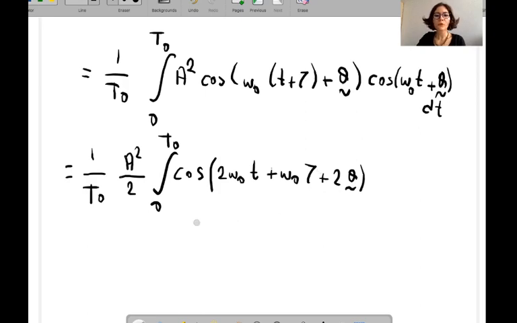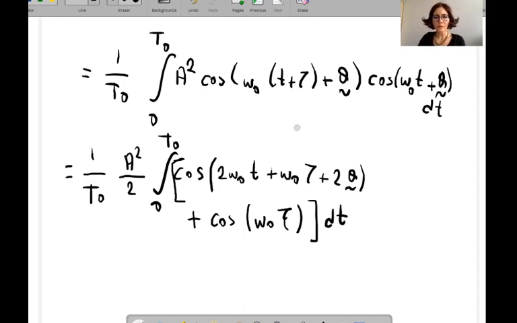So this was cosine of A plus B. Now we add cosine of A minus B. You have this term, you're subtracting this term. So omega 0 t will cancel with minus omega 0 t, and theta will cancel with theta. The only thing you have will be omega 0 tau. So cosine of omega 0 tau, and that's it, dt. I'll just put curly brackets and dt.